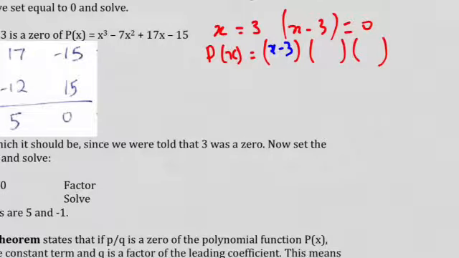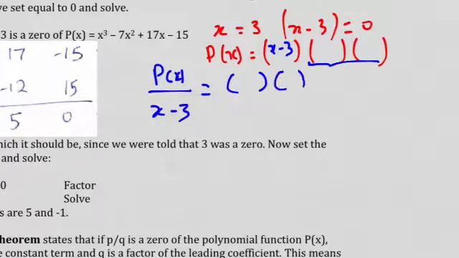So the idea is, if I want to find the two other parentheses, I just need to take my p of x divided by x minus 3. Maybe not right away factorized, but at least I will find a polynomial that is going to help me find my other two parentheses and my other two zeros.